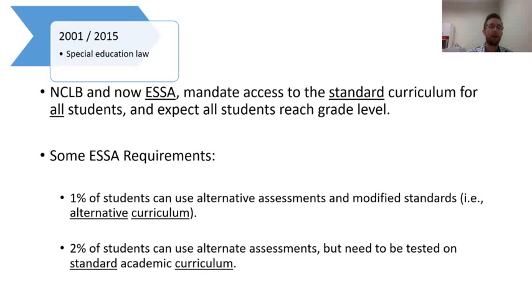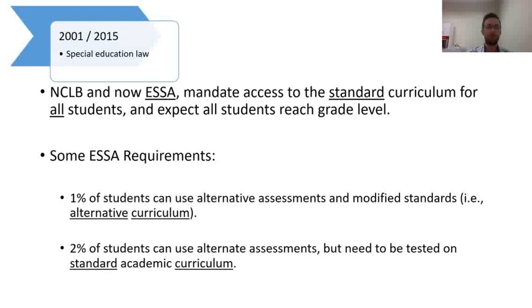Now, there are some ESSA requirements, I should say exceptions, is that 1% of students can use alternative assessments and modified standards. And by modified standards, we mean an alternative curriculum. 2% of students can use alternate assessments, but they need to be tested on standard academic curriculum.